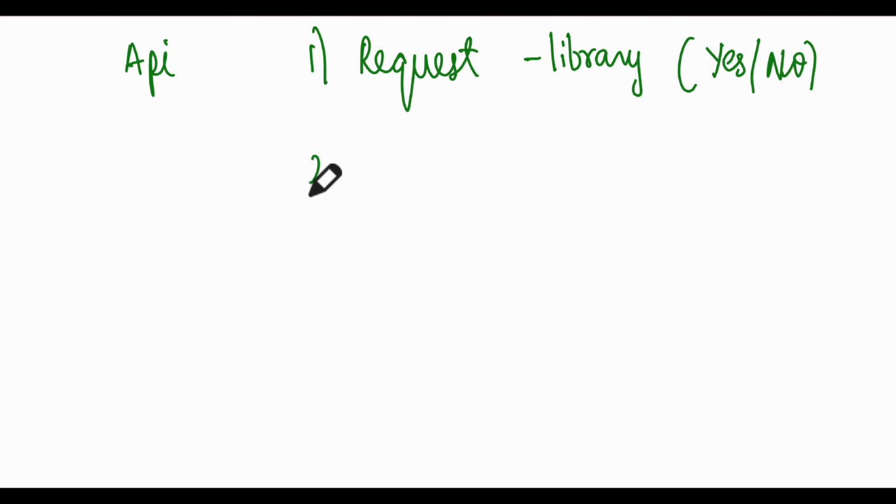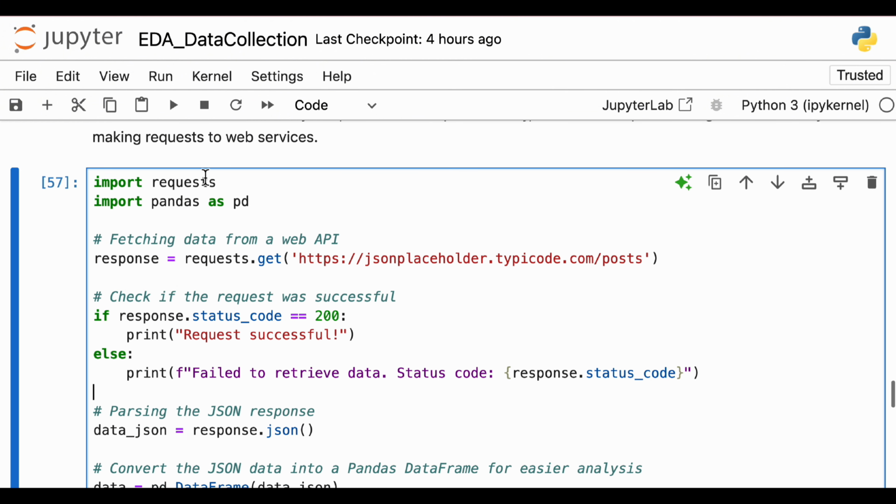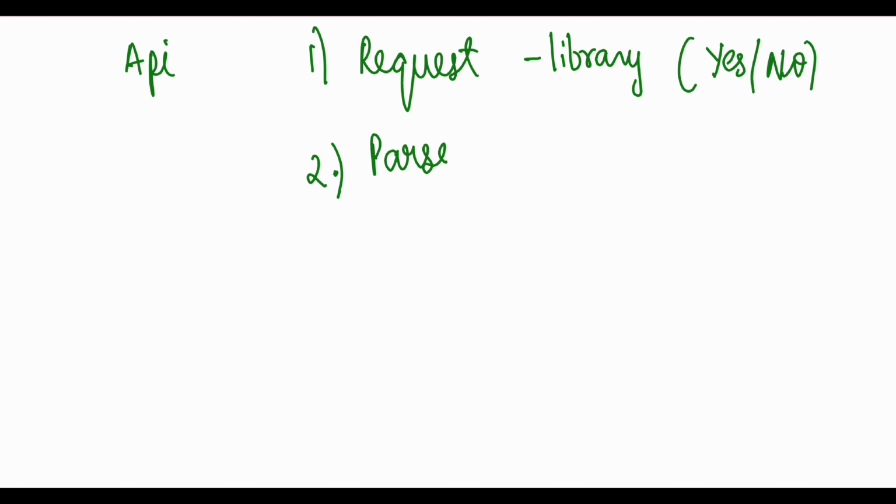Now once you got it, you have to parse this JSON data. Parse means understanding or converting this JSON data. So you parse the JSON response. Whatever response you're getting from the website, you have to convert it into a JSON format properly. So you requested, you took the data, converted it into JSON format.